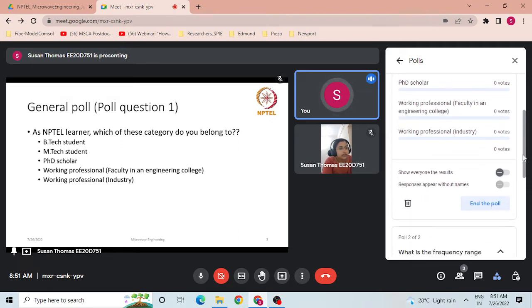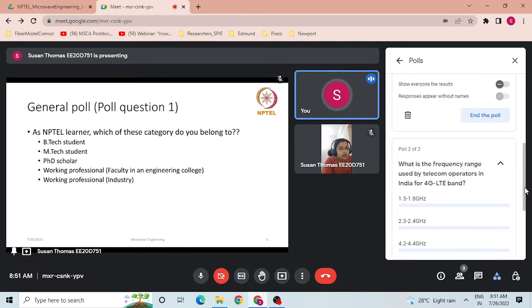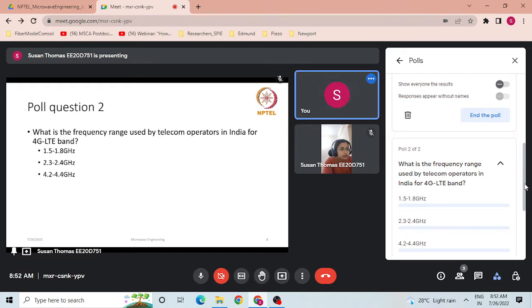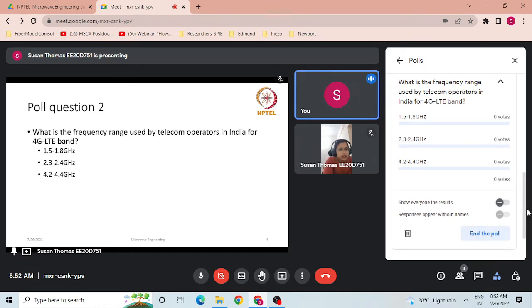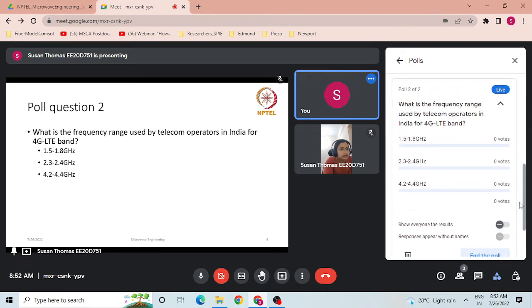Thank you everyone for accessing the poll. I understand we have a lot of different categories of NPTEL learners. Happy to know that. Let me go to the second poll. This is a general question to test whether you have an idea of what is the frequency range used by the telecom operators in India for 4G LTE band.